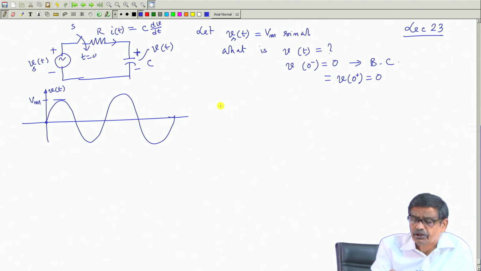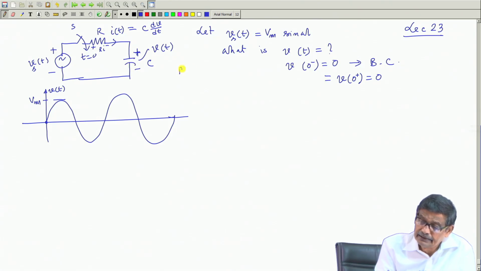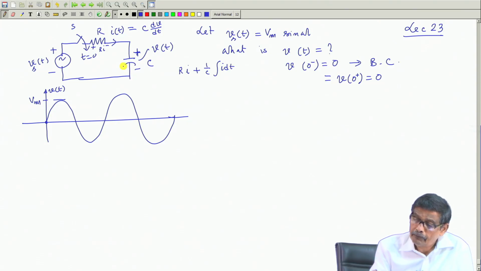If you have the expression of capacitor voltage, C into dV dt gives you I t. Otherwise, the KVL equation is R I plus 1 by C integral I dt, equal to V s t.